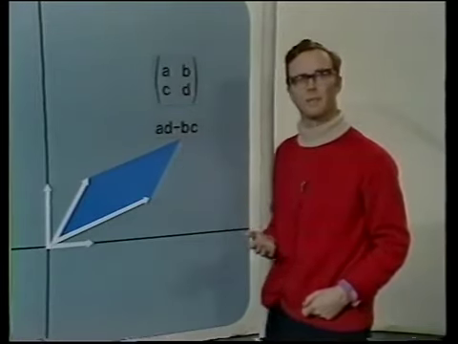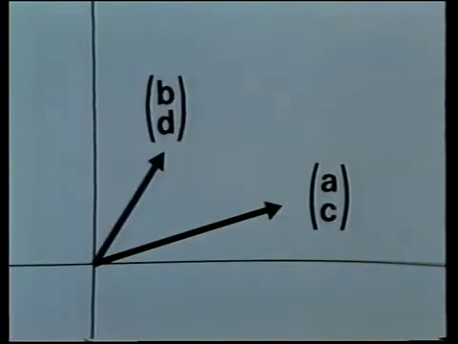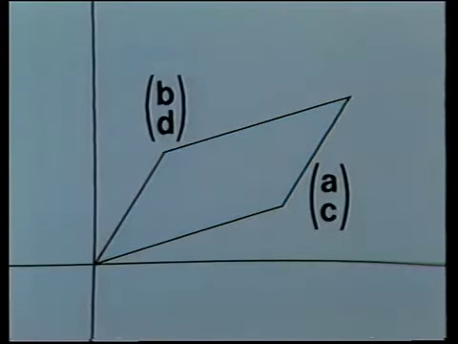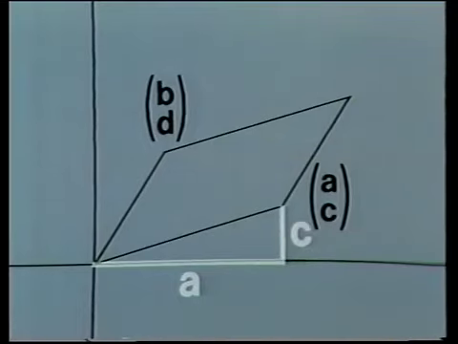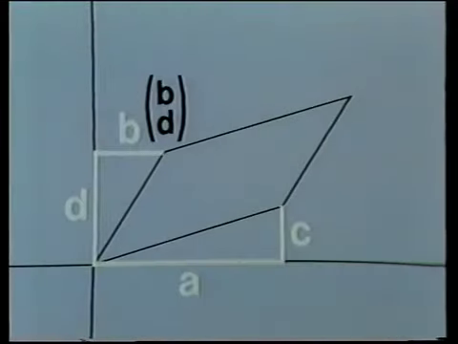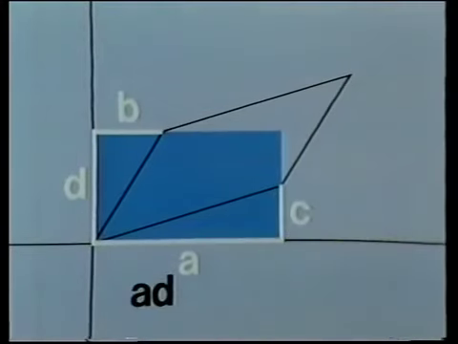Well, how do we get that? The image of the first basis vector is (A, C), and the image of the second is (B, D). This is the parallelogram, and this distance is A. This is C, and D, and B. We can find the area of this rectangle is AD.